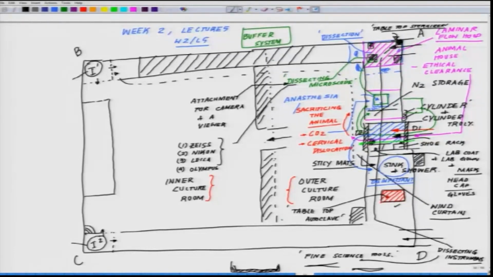Now you are moving into the second room, which is where you will be performing most of the culture work. In between, I told you that you have a nitrogen storage which has to be replenished from time to time.